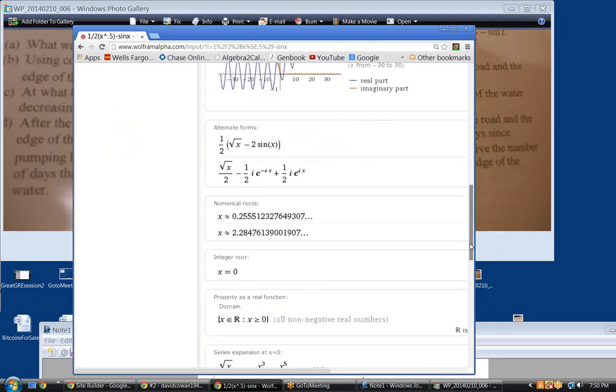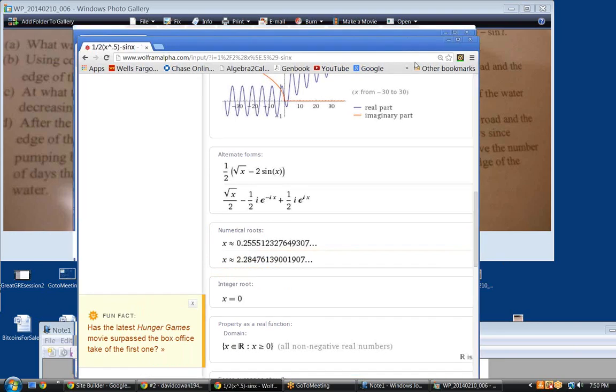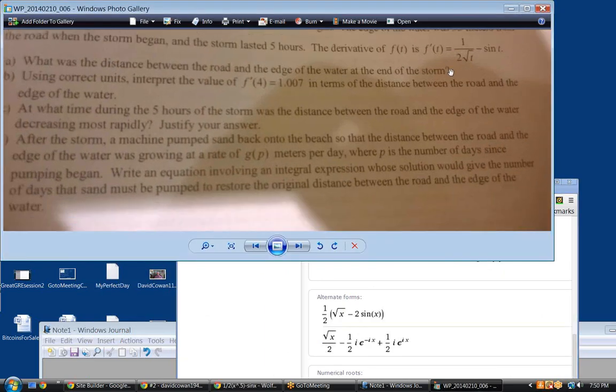In fact, it gives you the zeros here. It's those same 2 numbers. How did they get a different answer than you got? Didn't they set f prime of t equal to 0? Yep, and then it says when t equals 0.66187 and 2.